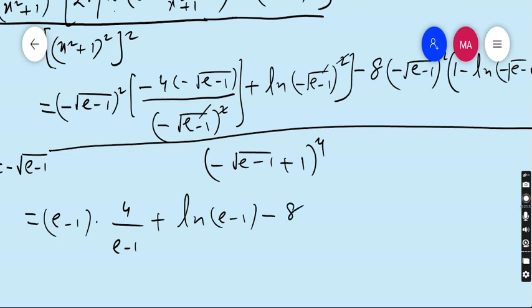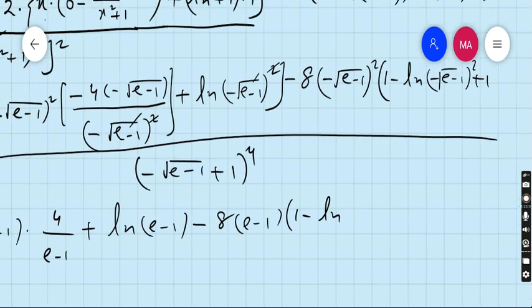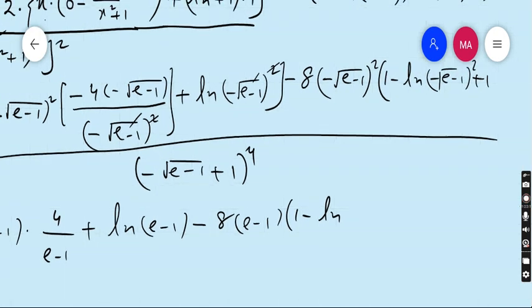Minus 8, square and root cancel, so minus 8 into (e minus 1), 1 minus ln, square and root cancel, e minus 1, plus 1.